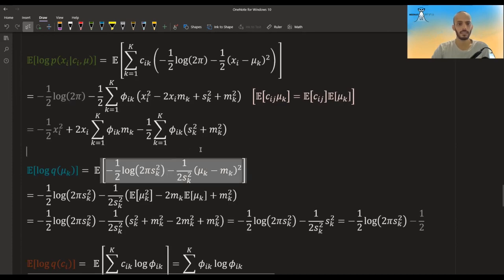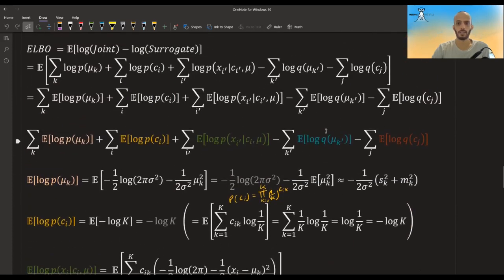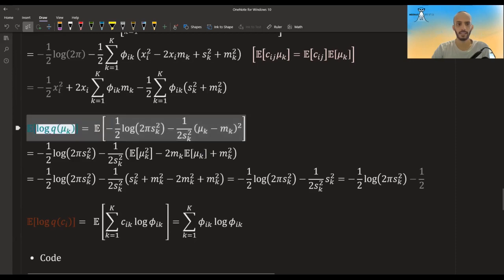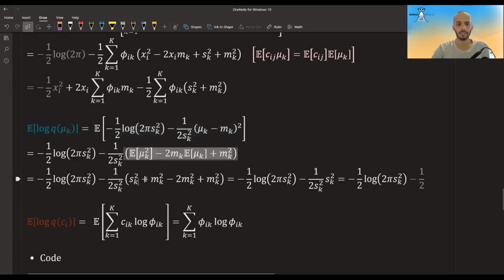Okay, and what about the surrogates? Well, let's develop the expected value of this term. It's just equal to this. If we open it up, we get this thing over here, and if we enter the expected value, we get it here. All of these cancel, because it's 1 minus 2 plus 1. We get this thing minus this thing, and here the s_k cancel and we just get minus half.